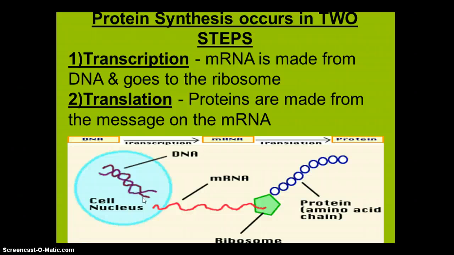And it's not going to let those instructions leave. So you know what it does? It sends messenger RNA out with the actual message of DNA. So mRNA will actually bind, and we'll talk about this in just a minute, will form a complementary strand to one side of the DNA, and it'll go out to the ribosome where proteins are made.